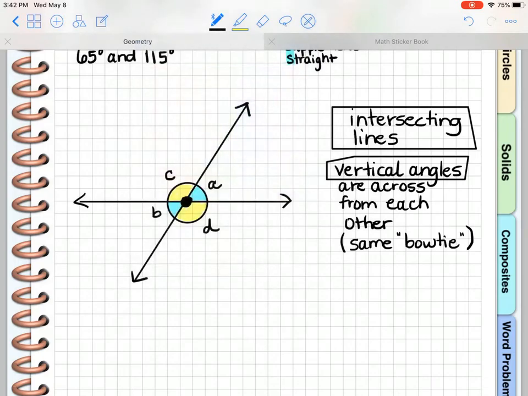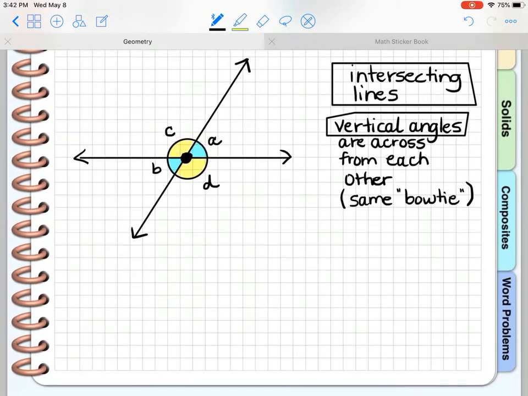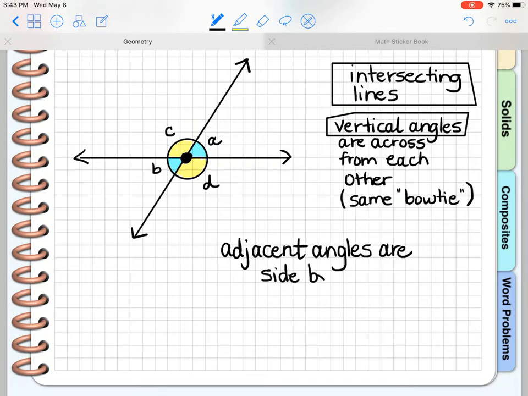The other word that I need to tell you, the vocabulary word, is adjacent angles. And these angles are side by side. They're touching. They share a side.